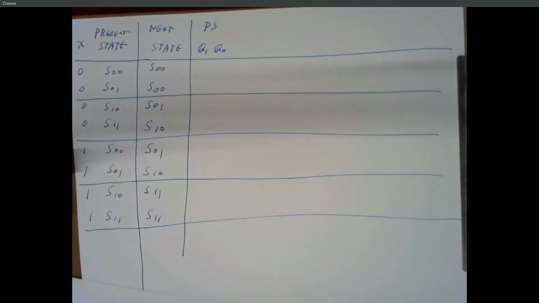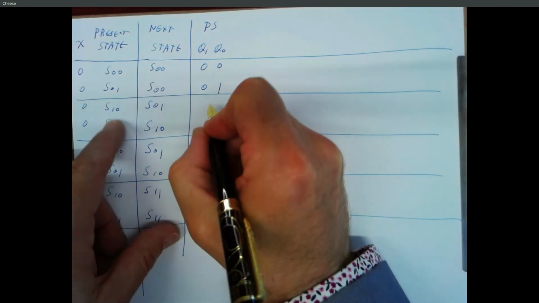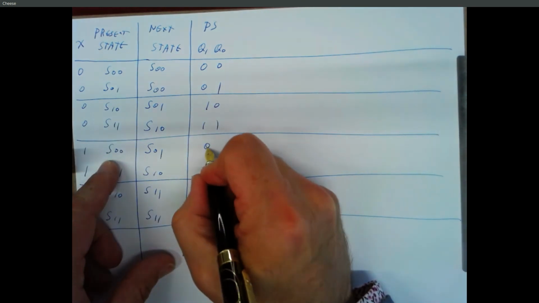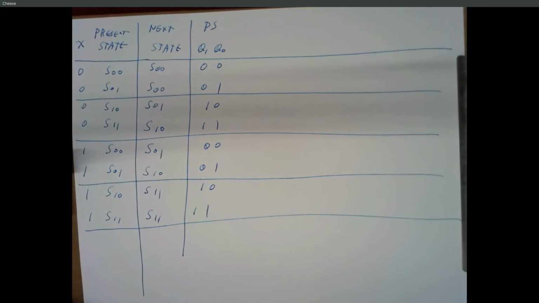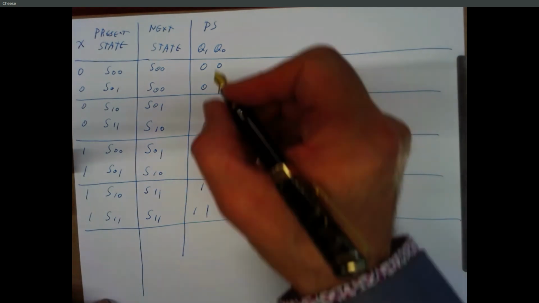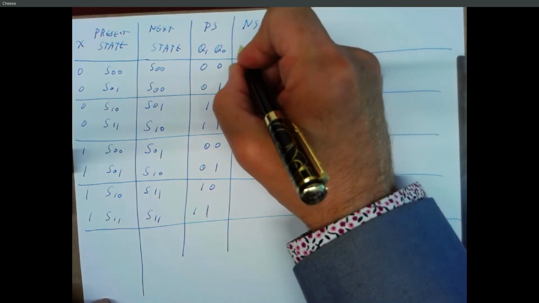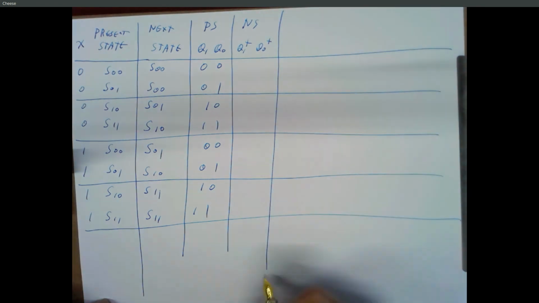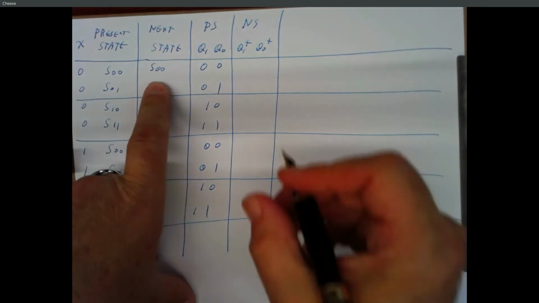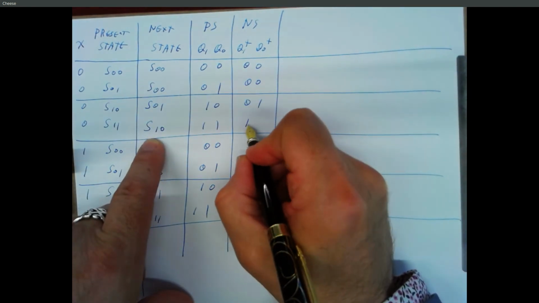S00 is a 00, and I don't even need to look at my state table because the way we name the states, this is just the subscript. So that's pretty straightforward. And then we want the next state, Q1 plus, Q0 plus, and that comes from the next state column. So 0, 0, 0, 0, etc.